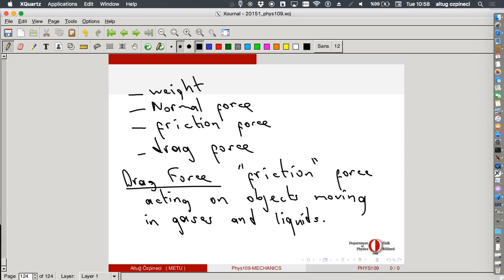Well, in the case of the other friction, like the friction on this one, we have two solid surfaces in touch. We have this solid surface, we have this other solid surface, and they are touching each other. And the friction force is due to those surfaces that touch. It's just a solid surface.